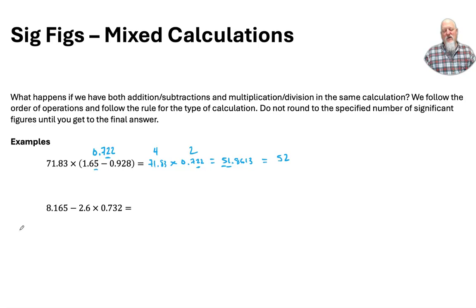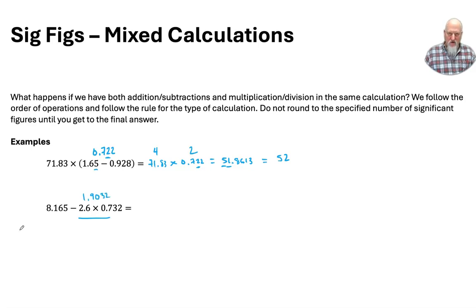All right, next one. Following our order of operations, we need to do multiplication first before we subtract. So 2.6 times 0.732, I get 1.9032.